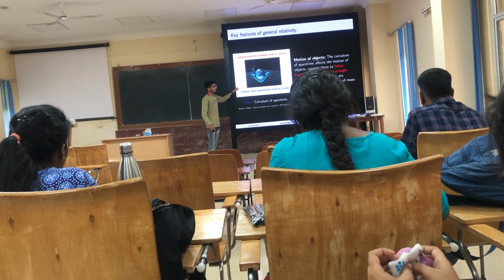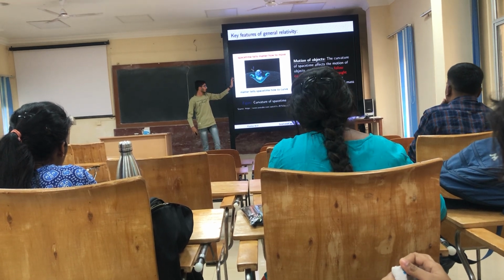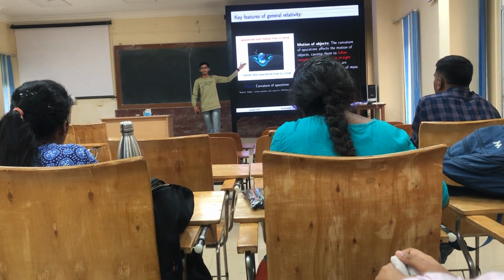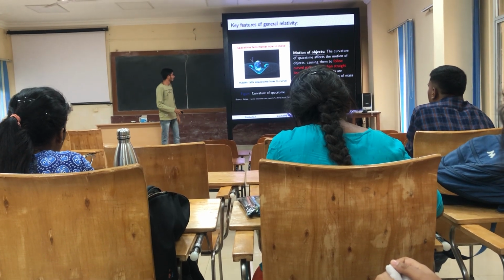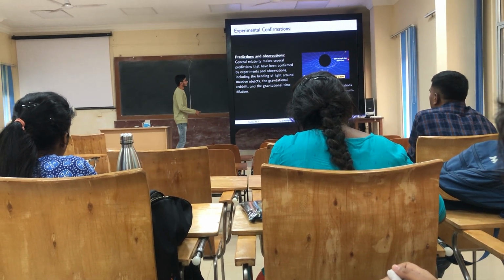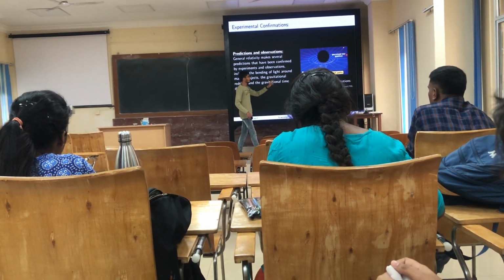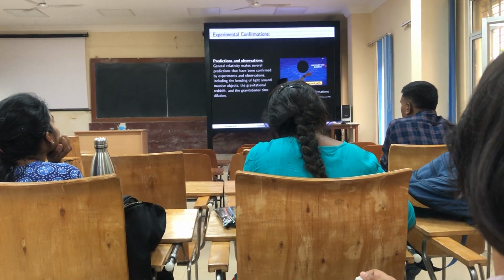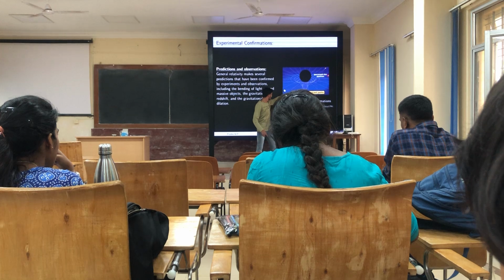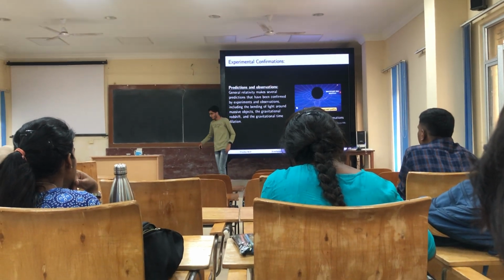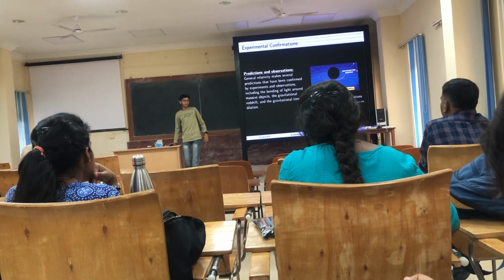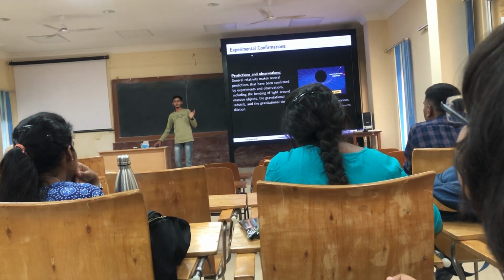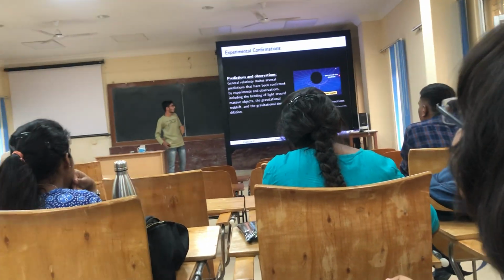It explains how light follows a curved path rather than a straight line. As shown earlier in the limitations of Newton's theory of gravitation, we can see how the light rays bend. Even in my last seminar, I explained gravitational lensing due to dark matter.